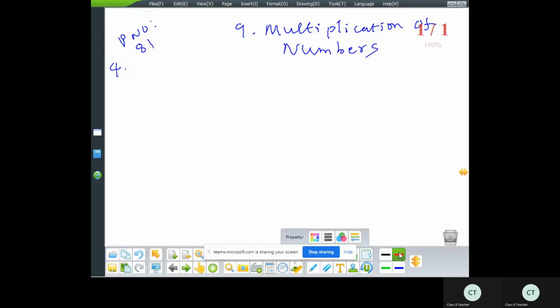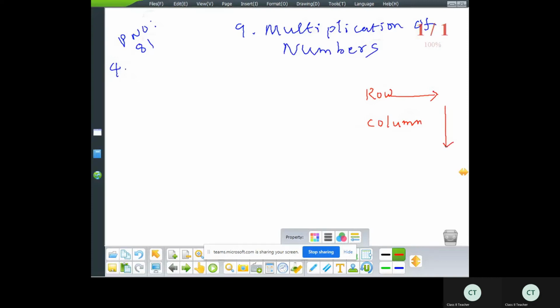Count the dots in row and column. A row means sleeping line.